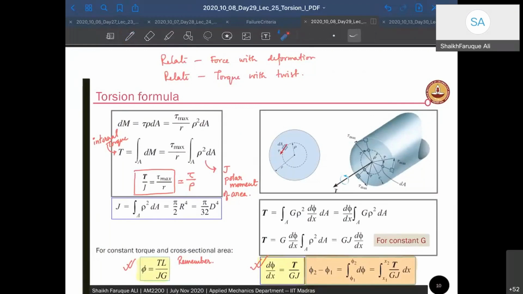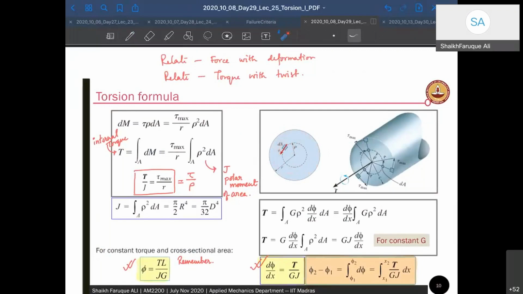Now if I give a torque on the material, the total area will resist the same torque, right? If the external torque is T, that is going to be resisted by the full cross section, right? So let us take a small area here, and let's say that the shear stress along that area is small tau, okay? And that is at a distance of rho.